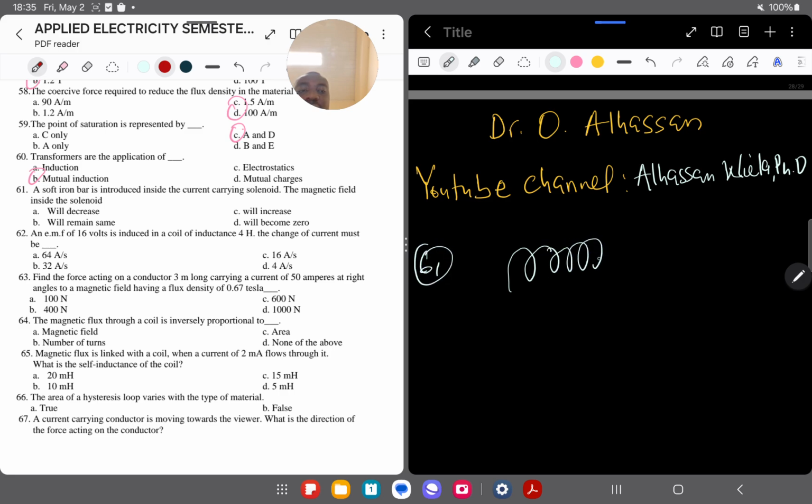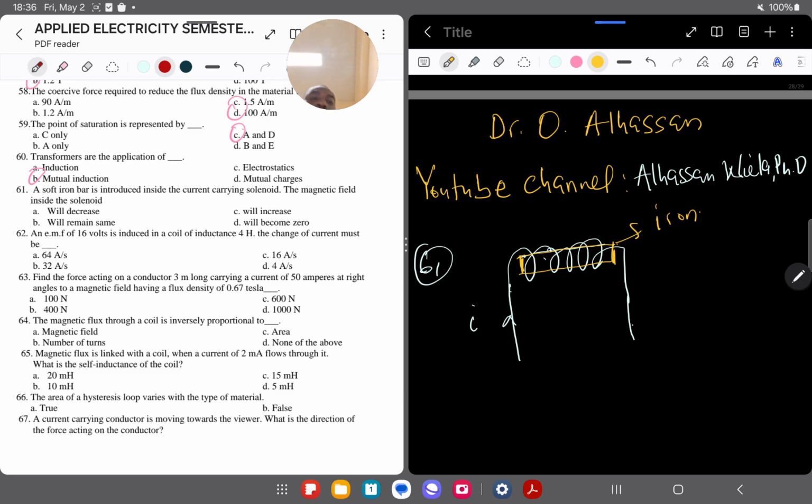Solenoid is the same as a coil. So you have a current here, let's say I. Now, if you introduce a soft iron bar, or just an iron, inside it, you place the iron here. This is our iron.